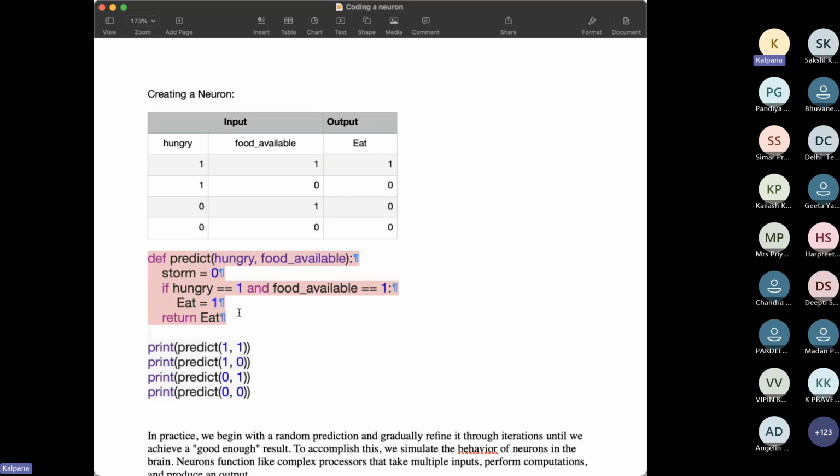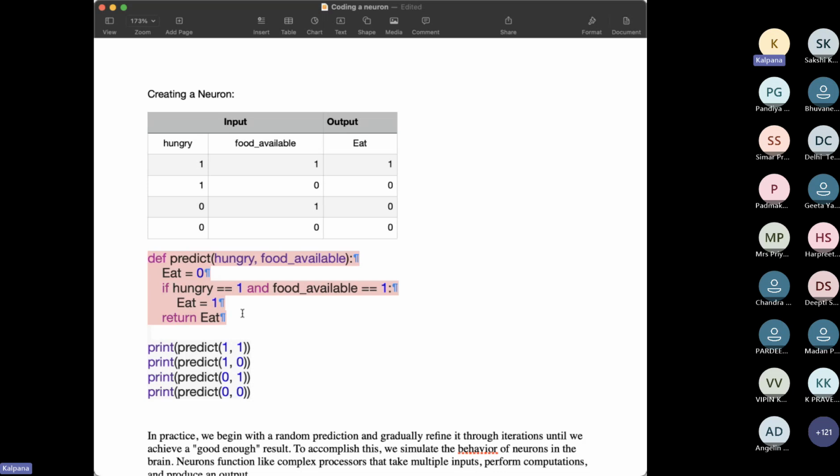The input is hungry and food available, right? This should be eat. So initially eat is 0. If hungry equals 1 and food available equals 1, eat equals 1, and return it, right? So this function is predicting what will be the value of eat.